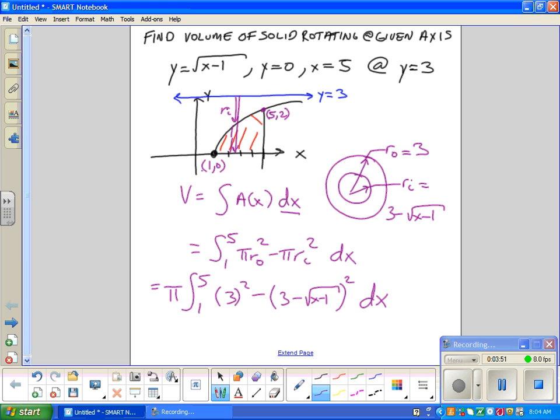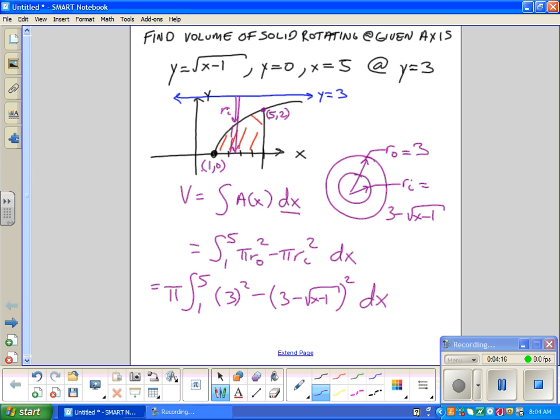Well, this would be the point where I might grab my TI calculator and integrate this, because this is going to get ugly. In fact, I don't think we can integrate this. I don't think the middle term is something we can hand integrate, because you're going to get negative 6 square root of x minus 1. When you do the binomial, this is ugly.